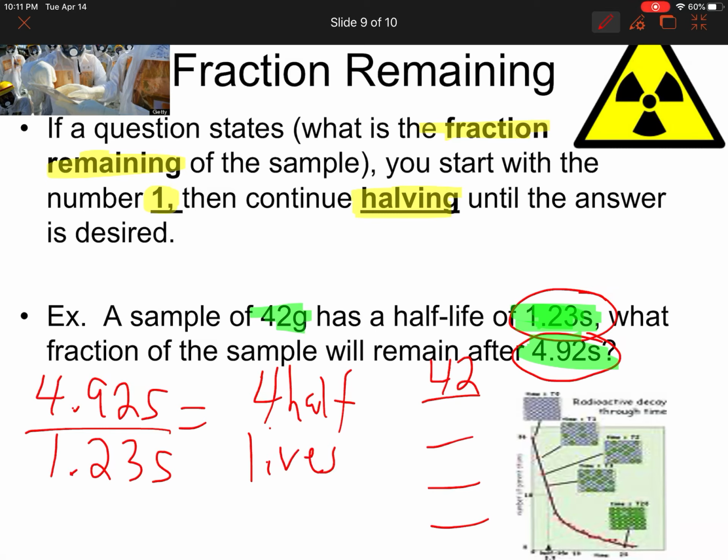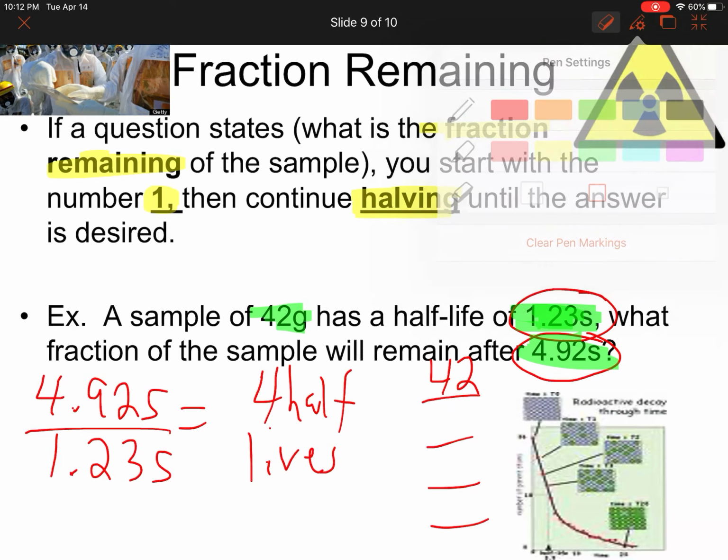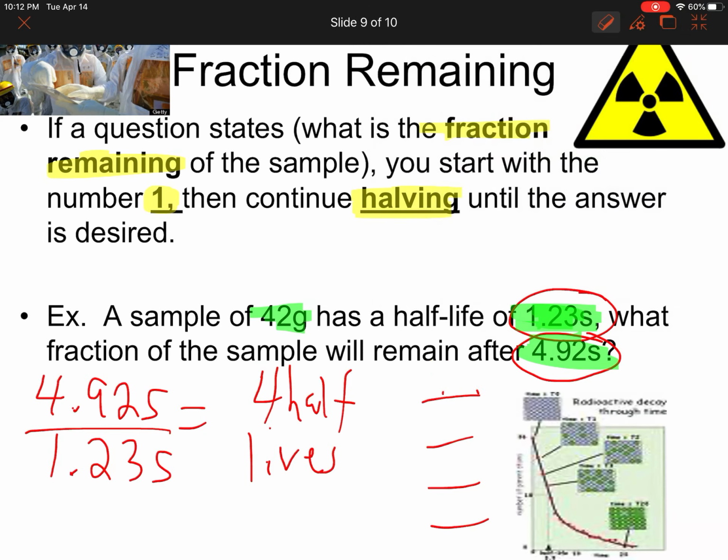Okay, I'm sorry. It says fraction remaining, right? My apologies. Fraction remaining means we start what number here? 1. So what's half of 1? Well, 1/2. What's half of 1/2? Well, 1/4. All you're doing, guys, is simply multiplying the denominator by 2. What's half of 1/4? 1/8. What's half of 1/8? 1/16 is our final answer.